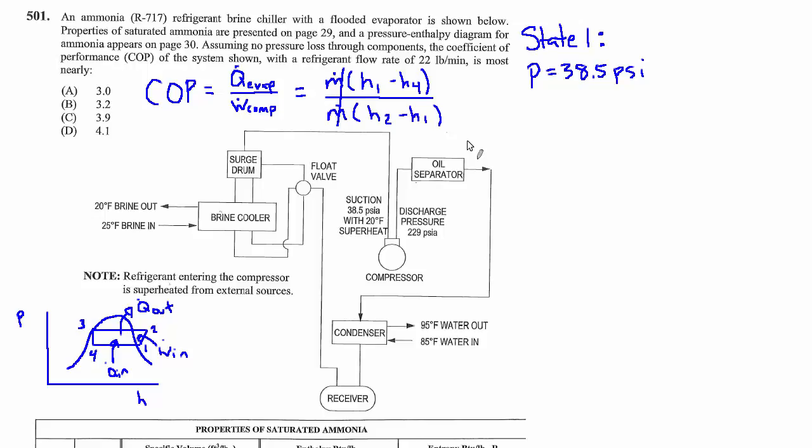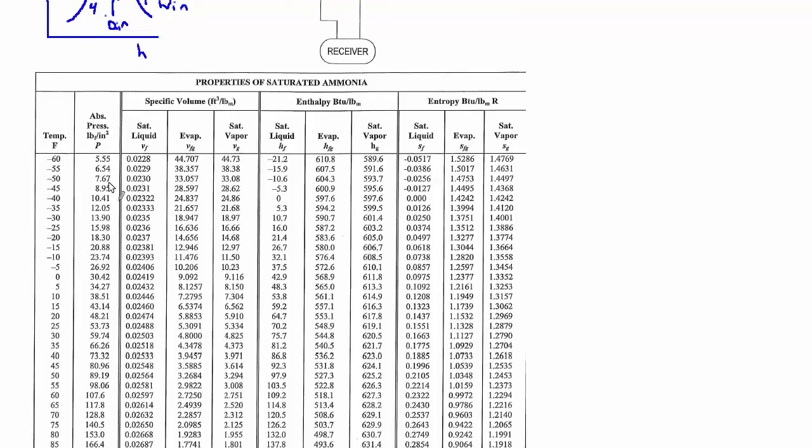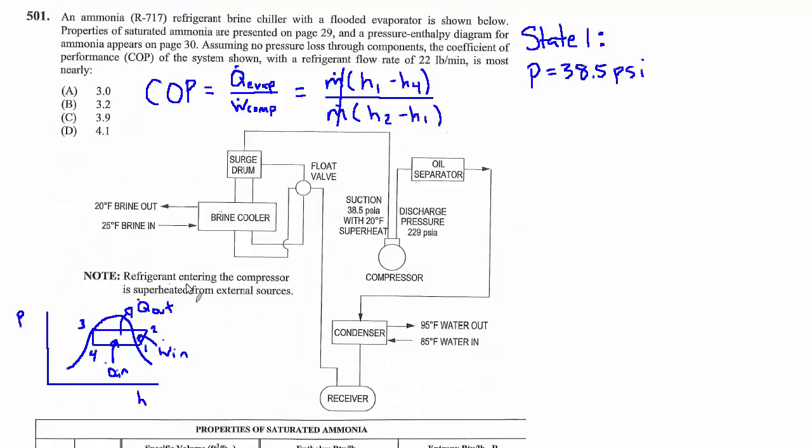So if we had no superheat, based on that pressure, 38.5, we can use this handy table. Pressure 38.51, that's close enough. We would be at a temperature of 10 for a saturated vapor. So with 20 degrees of superheat, it's going to be that 10 degrees plus 20. So T1 would be 10 degrees Fahrenheit plus 20 degrees, which is 30 degrees Fahrenheit.